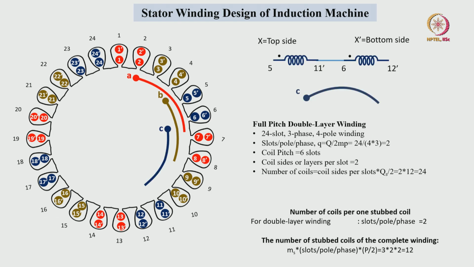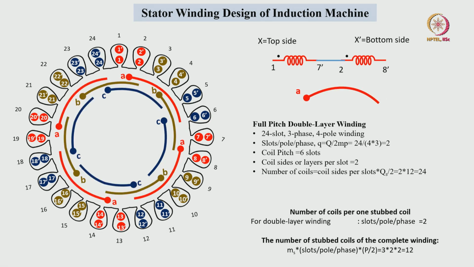Similarly, C phase one stubbed winding I am making, and it is a combination of 2 actual coils we are connecting and making as one stubbed winding. So, total 12 stubbed windings we have to make from the 24 coils. 2 coils we are joining each other in this fashion and we are making 2 coils equivalent as one stubbed winding.